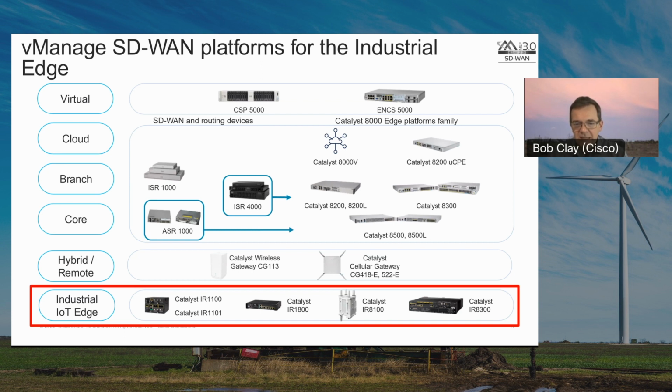And then we have the IR 8300, which is a combination of a router and a switch, and it's got a lot of serial ports and modularity and pretty much everything you want. This might be used in a train side location where you have a lot of things to connect, either serial or Ethernet, etc.